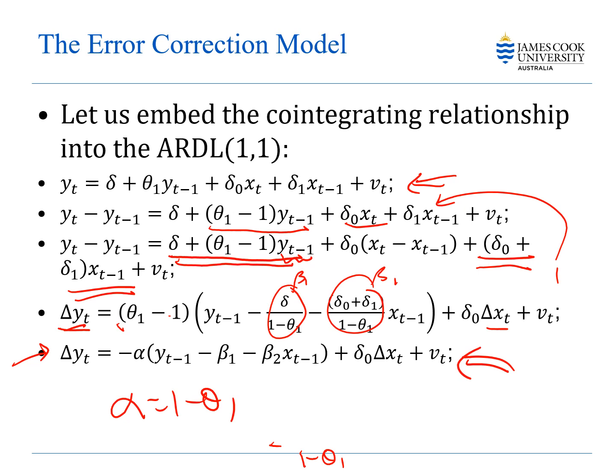This ARDL, we manipulated the algebra such that we arrive at a form that gives us the interpretation of error correction, which embeds the long-run relationship into our equation. And we now want to observe why this is called error correction. Okay.